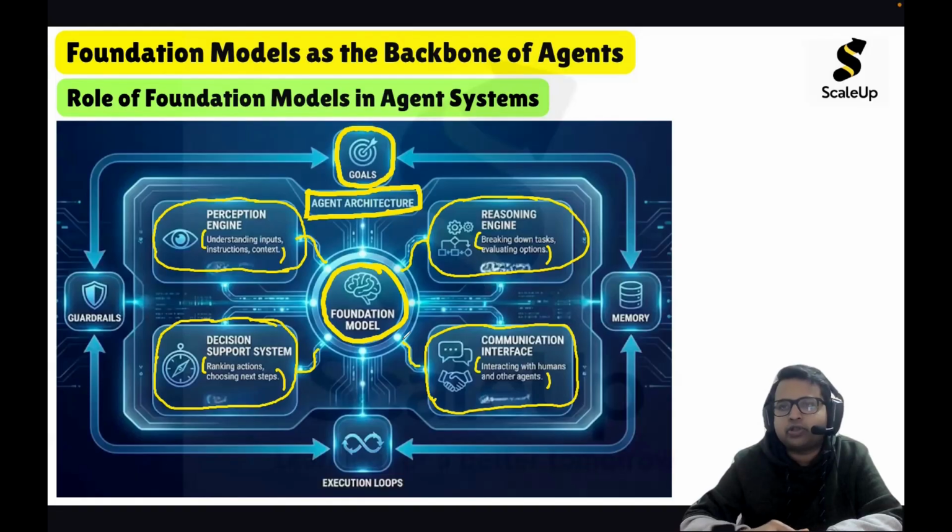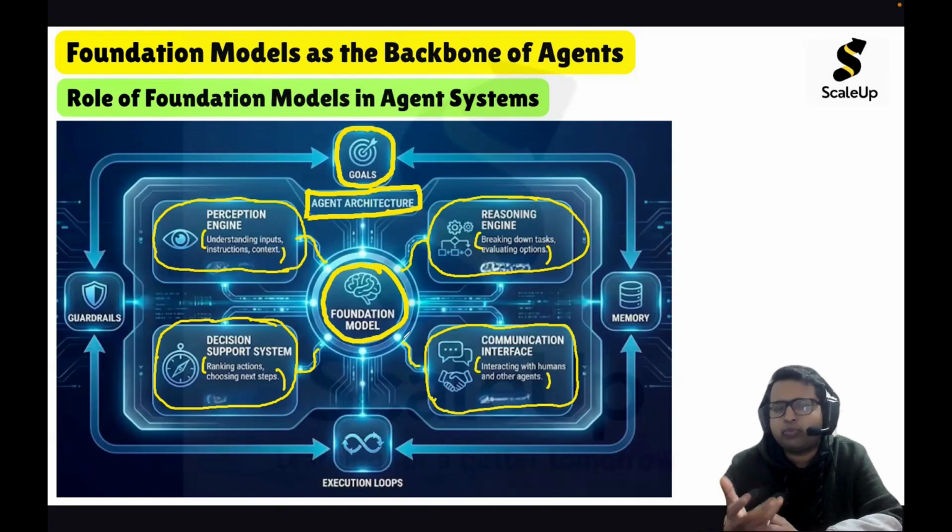Let us suppose the agent got an image as input. The agent can pass that image to the foundation model, and the foundation model will decode that image and give interesting information from that image, and we can use it as context.